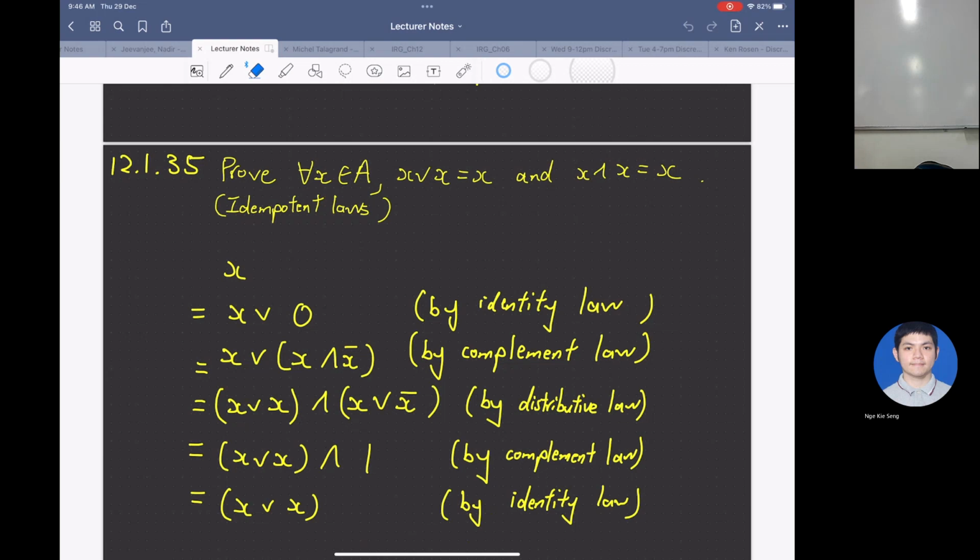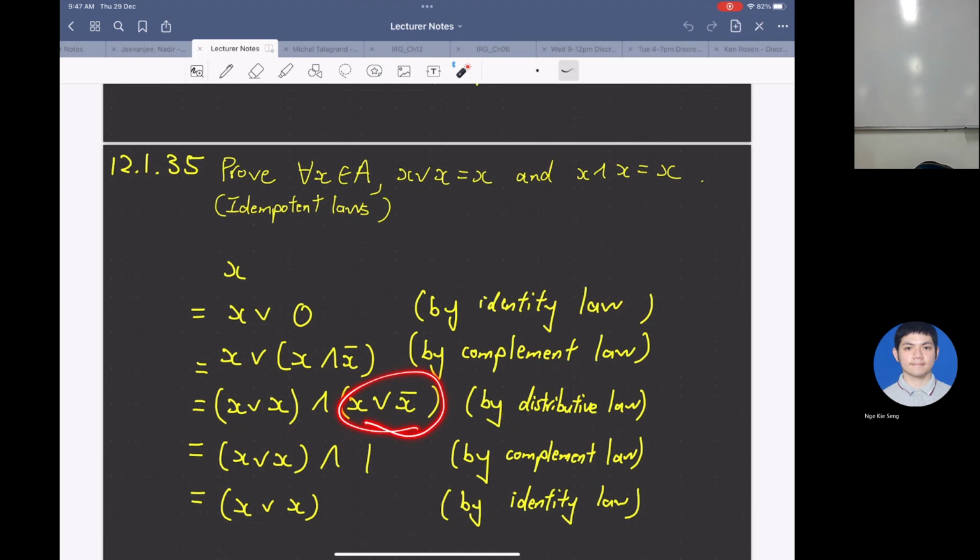I start from X, and then I introduce the additive identity. From there, I can create an element using the complement. And then you can try and expand it using the distributive law.